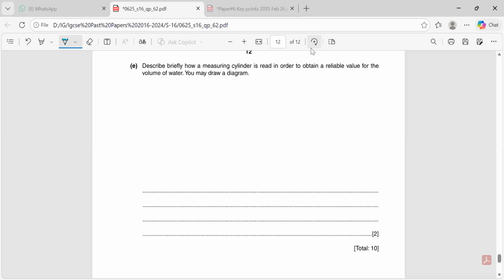So, number one, view the scale of the measuring cylinder at 90 degrees.